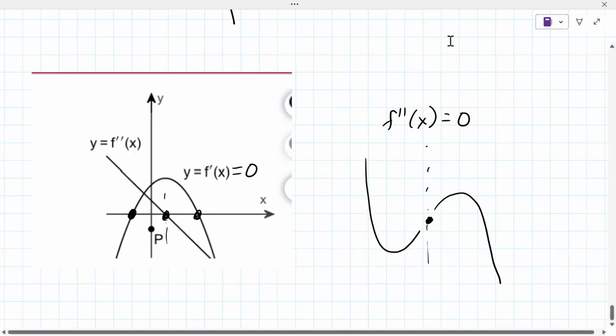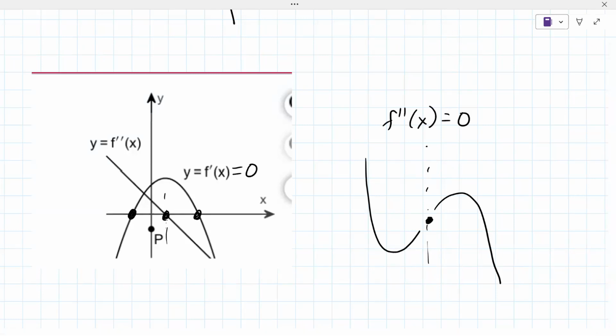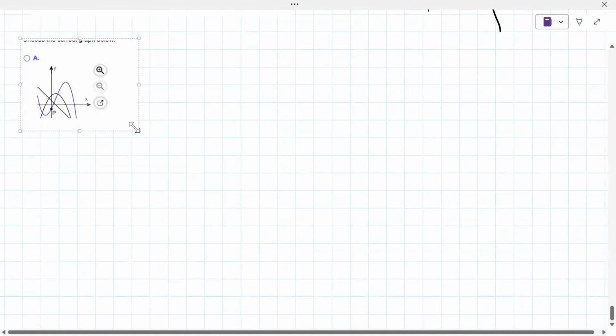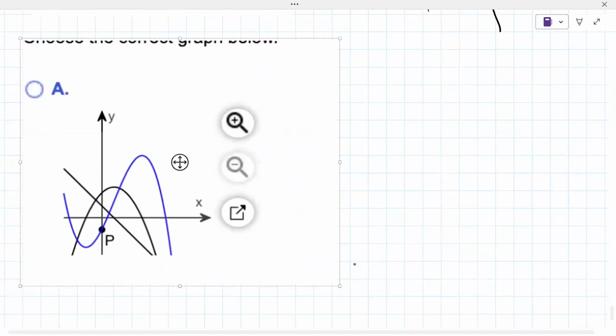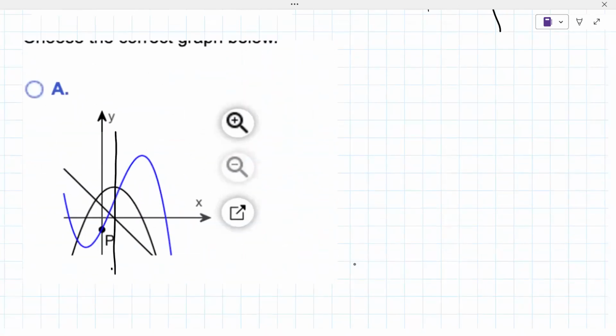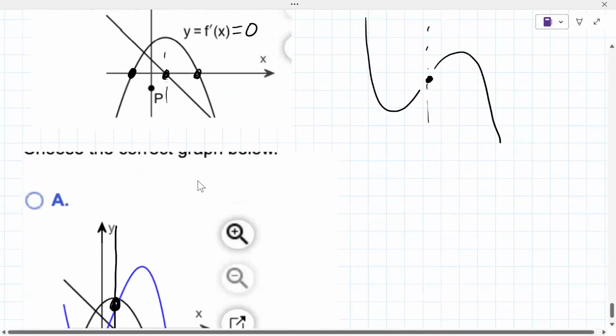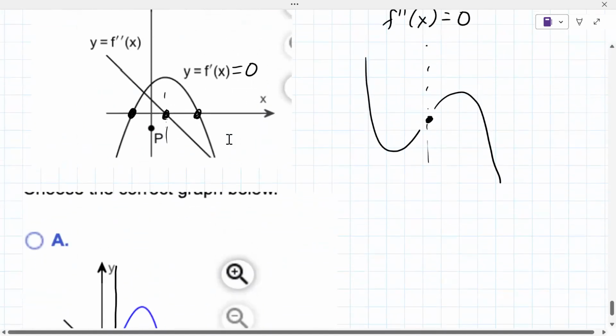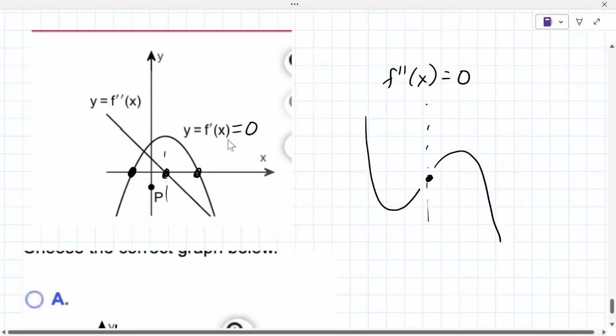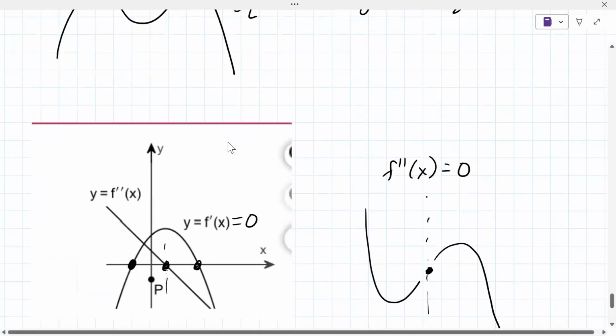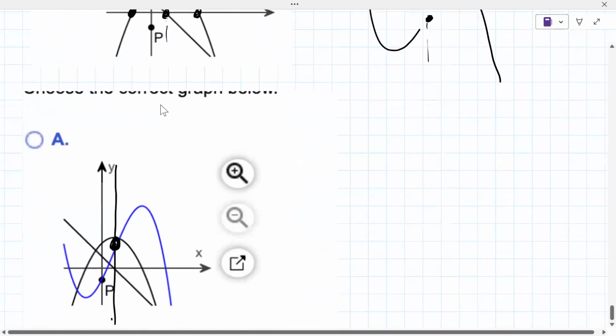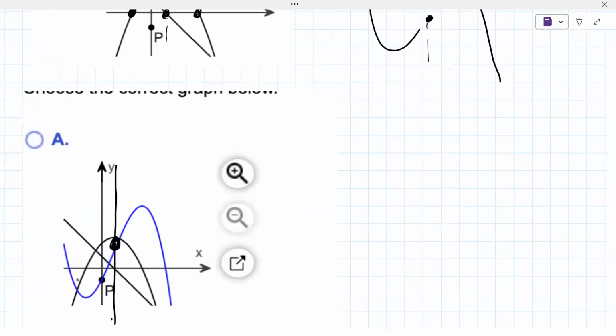If you're looking between A and C, you basically want to draw a line up from there and decide, is that where it's changing? It's right there where it hits.